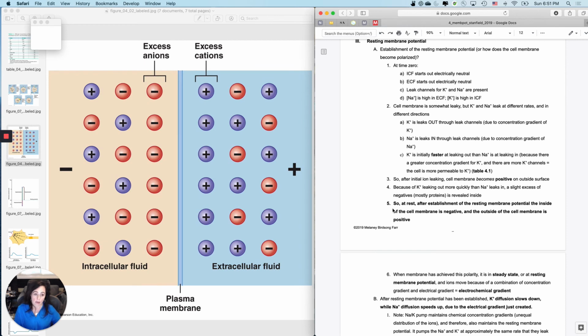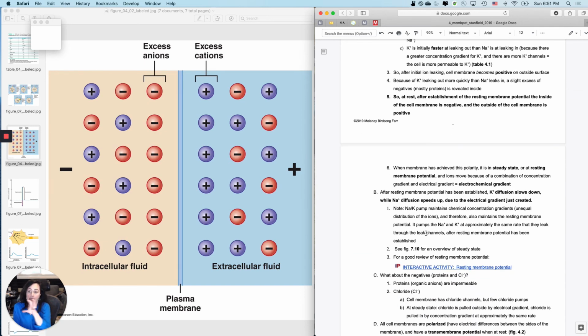So at rest, after the establishment of the resting membrane potential, I get this positive-negative nature. And when I get here, I say that the cell has achieved steady state or resting membrane potential. And ions are now going to move for two reasons.